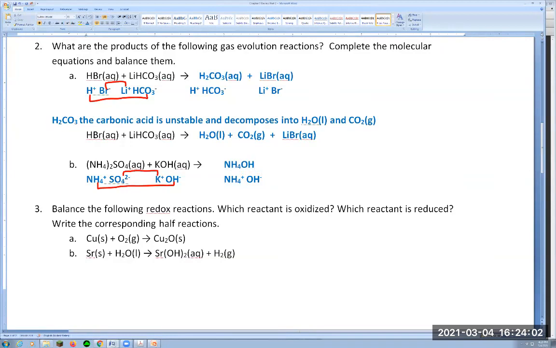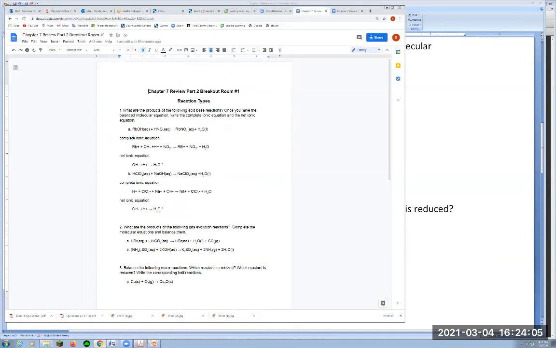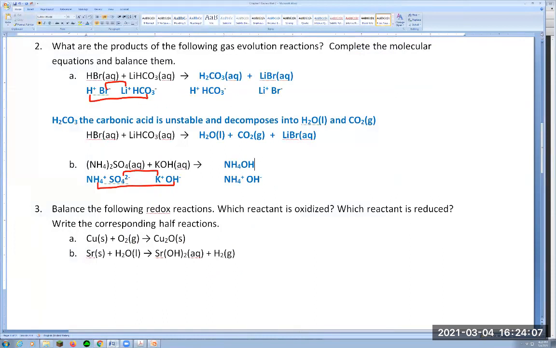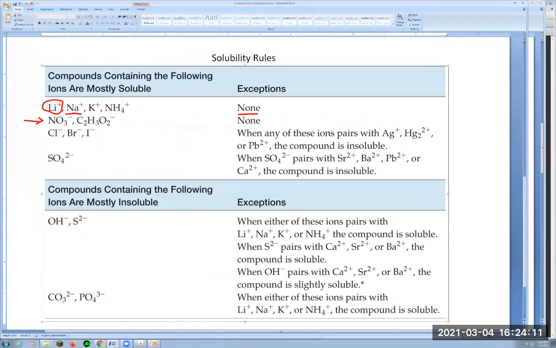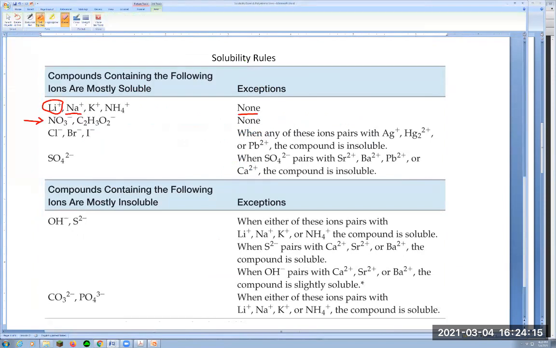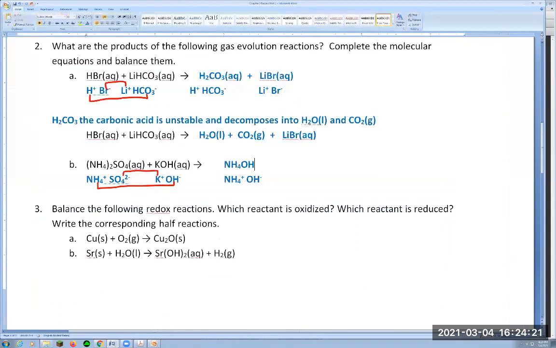Let's look at the solubility rules to decide if this is soluble or not. So we said we have, what do we have? Sorry, forgot what we have. NH4 plus and OH minus.